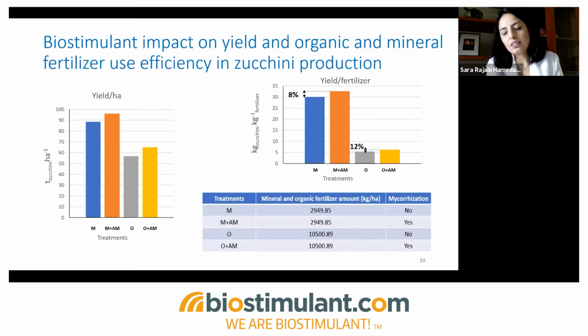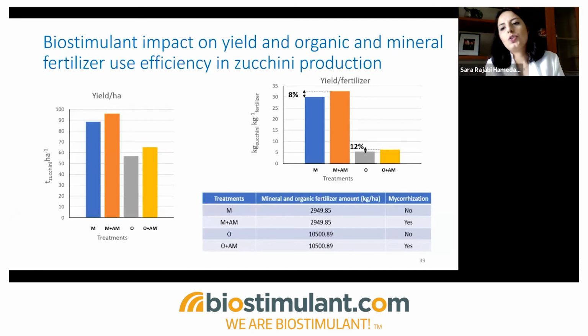In the zucchini case study, the highest fruit yield belongs to mycorrhizal plants subjected to standard mineral fertilization, while non-mycorrhizal plants with organic fertilization provided the lowest value.